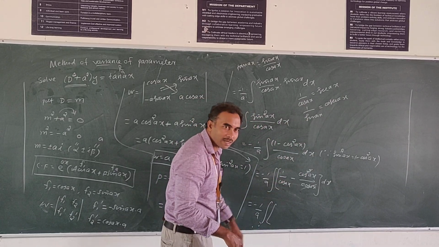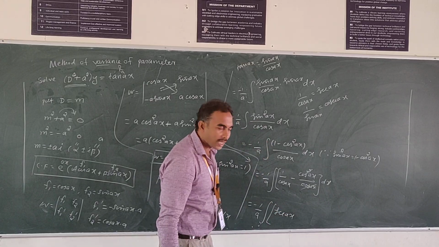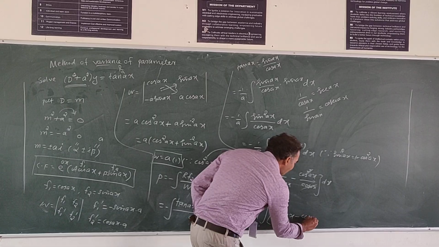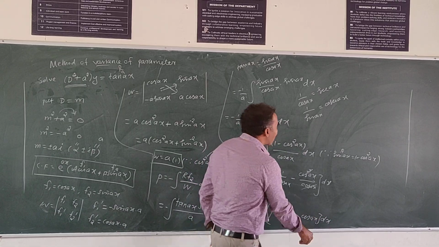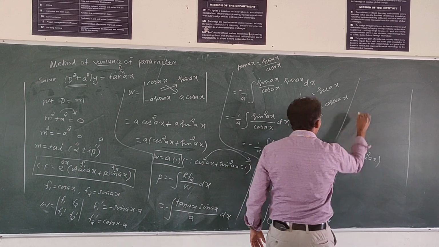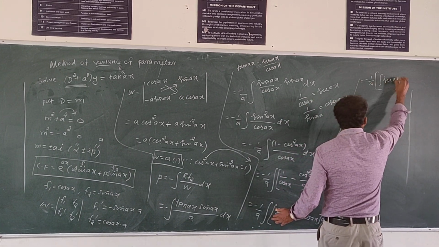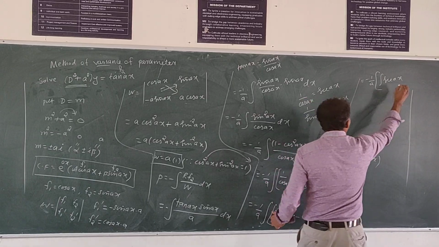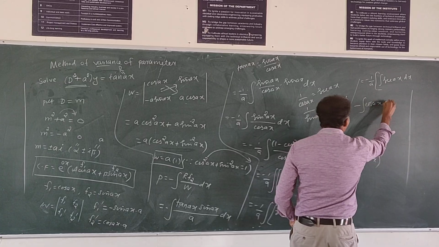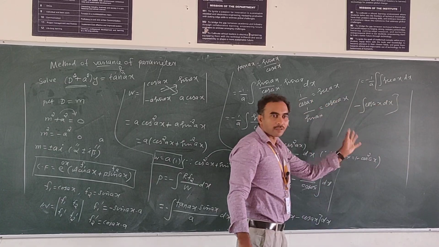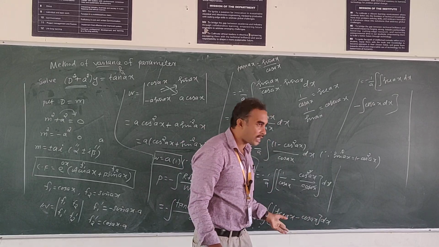So 1 by cos ax can be written as sec ax: −(1/a) ∫ (sec ax − cos ax) dx. Next, split the integral: −(1/a)[∫ sec ax dx − ∫ cos ax dx].